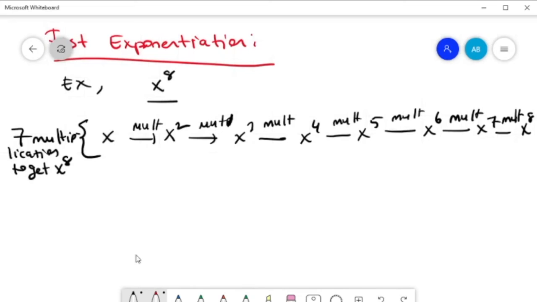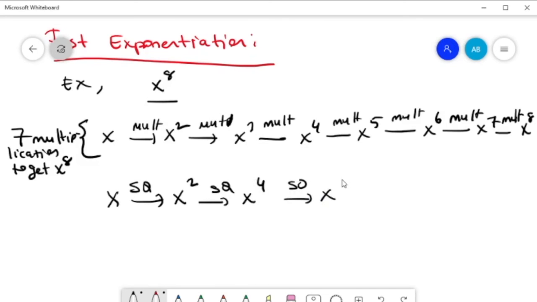When we do it by squaring, we obtain x to the power 8 from x by squaring each time. Denoting squaring by sq, we obtain x squared, square this to obtain x to the power 4, and square this to obtain x to the power 8.